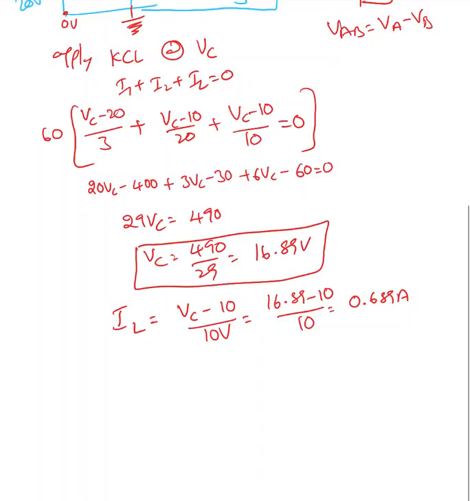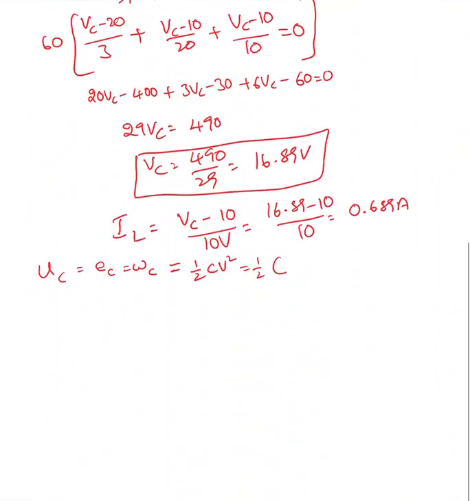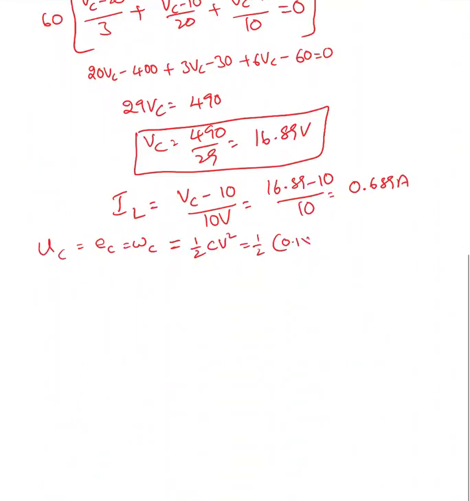So what is the energy stored in the capacitor? UC, or you can say EC or WC; some textbooks use U, E or W, it doesn't matter. It's half CV squared, half times the given C value of 0.1 millifarad, 0.1 times 10 to the power of minus 3, times 16.89 squared.